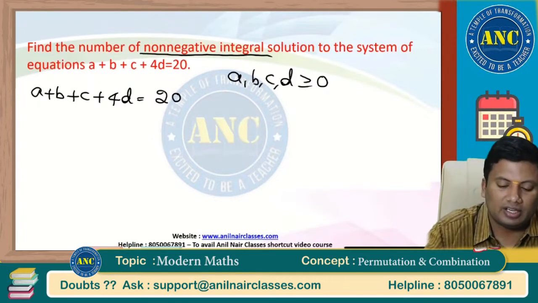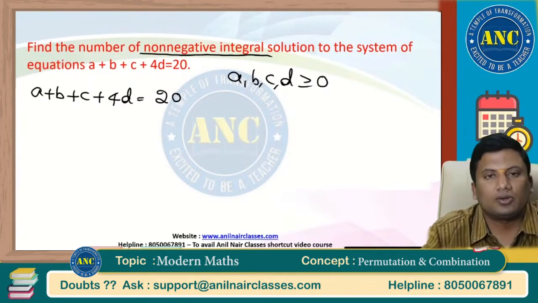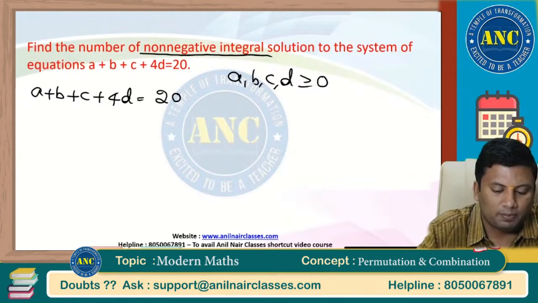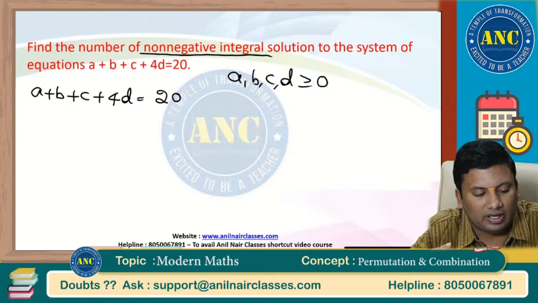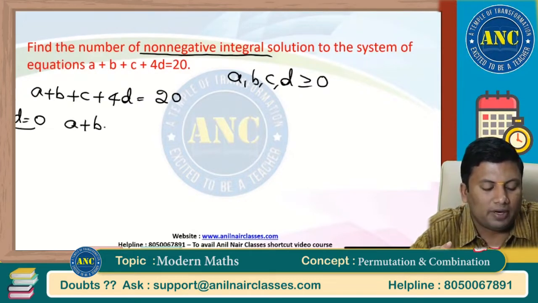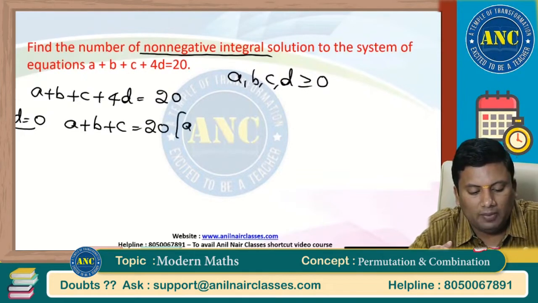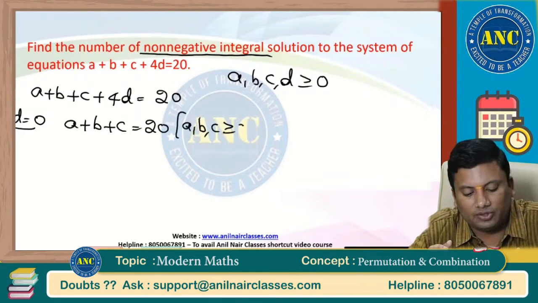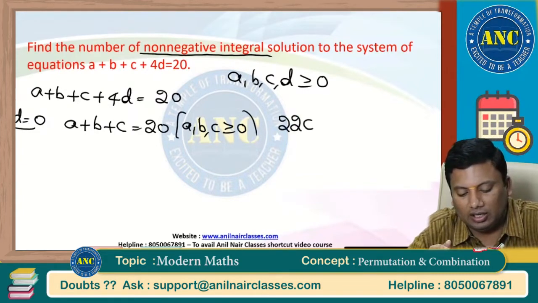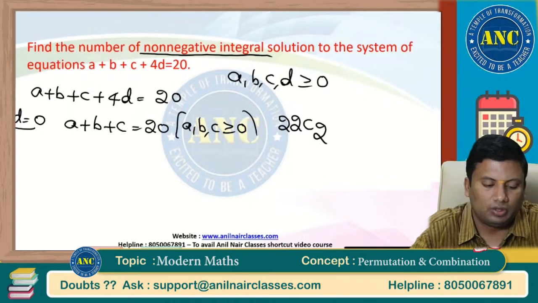If D is 0, then A plus B plus C is 20. A, B, C all starting from zeros, so 20 plus 3, 23, and the answer is nothing but 22C2.